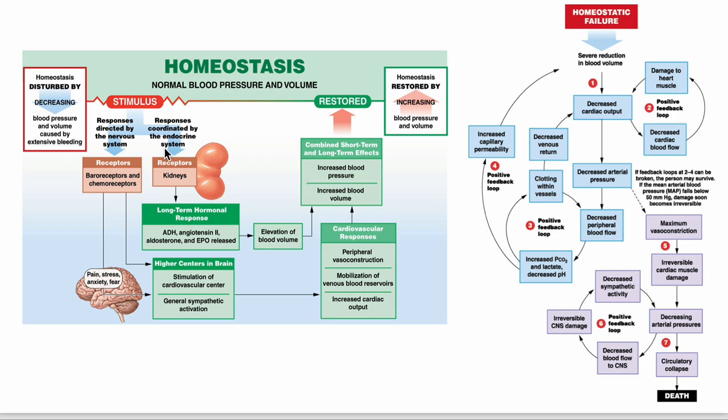And then also that decreasing blood pressure and volume will be detected by receptors in the kidney. And as I said, that's going to increase the long-term hormonal response of ADH, angiotensin, aldosterone, and EPO. So coming back to the brain with the cardiovascular center and sympathetic activation, that will have a very short-term impact of increasing cardiac output, mobilizing those venous blood reservoirs, and constricting blood vessels in the periphery to try to increase blood pressure, leading to increased blood pressure and blood volume.